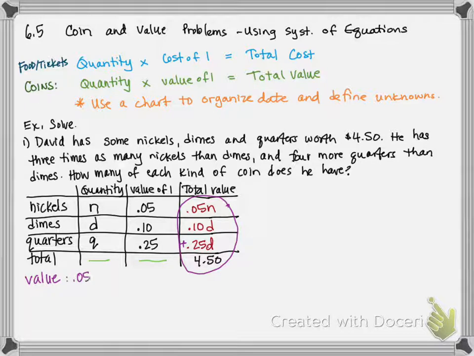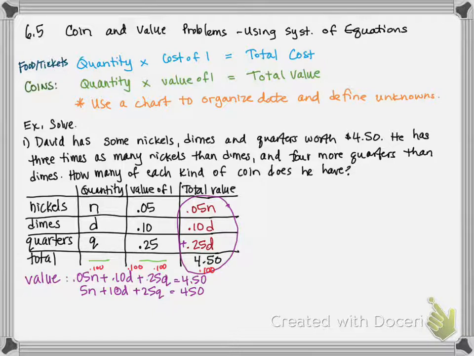So we have 0.05n plus 0.10d plus 0.25q equals 4.50. We don't like to have decimals, so we're going to multiply everything by 100, because it takes 100 to move the decimal over 2 places. That gives us for value 5n plus 10d plus 25q equals 450. And again, right then, there's nothing more we can do.